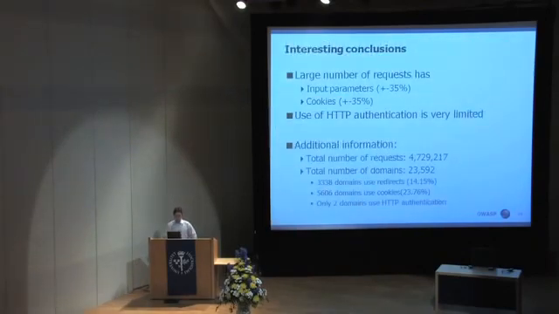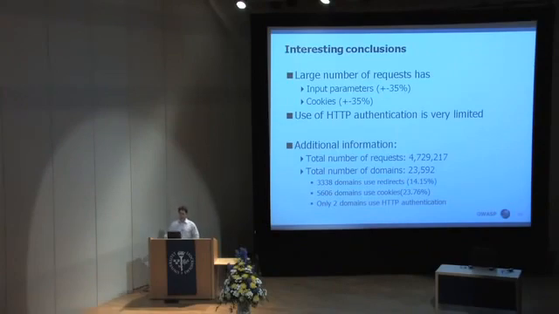So I already recalled that most numbers were on input parameters and cookies. About 35% of those requests have those parameters and have those cookies. And HTTP authentication is very limited. When we're looking to the total number of domains, we saw that in our request we are recording about 5 million requests, only 2 domains were actually using HTTP authentication.